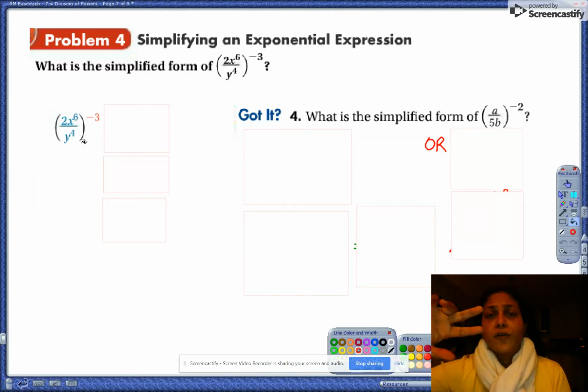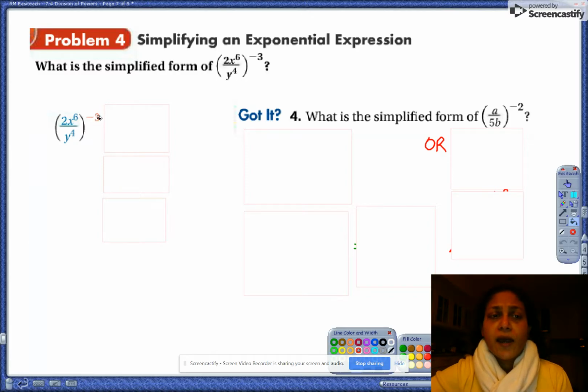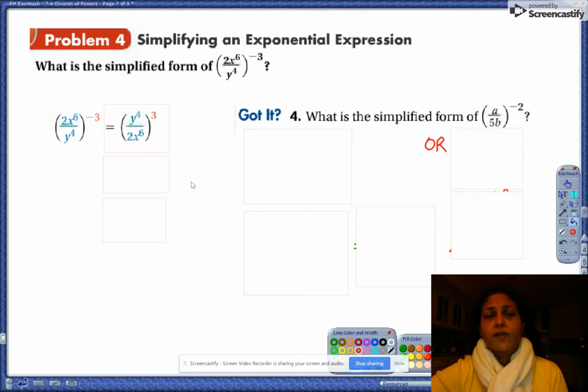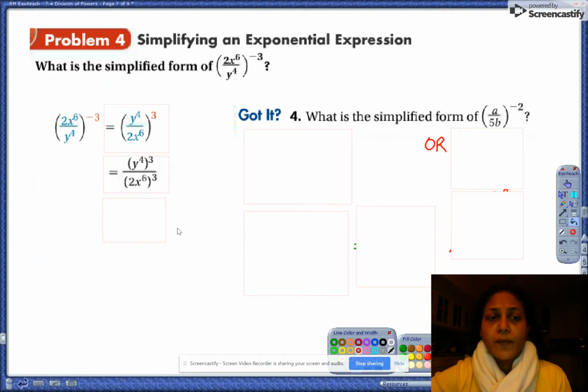All you have to do is flip the fraction so that the exponent that is outside becomes positive, like so. And now it's going to be y to the fourth to the third power, which is going to be multiplied by 2x to the sixth, also to the third power. And remember that each little part inside the product gets the exponent.